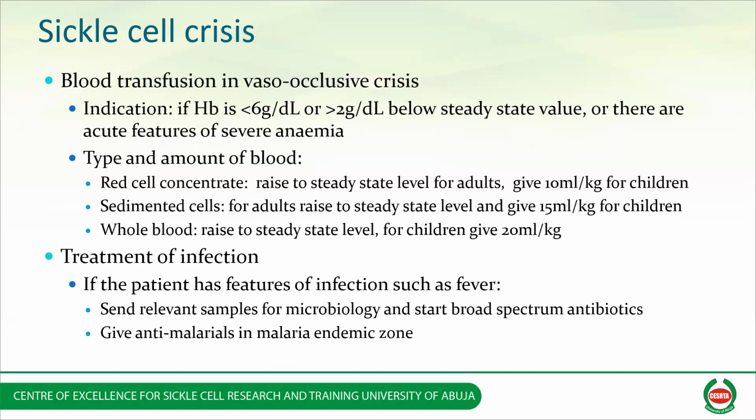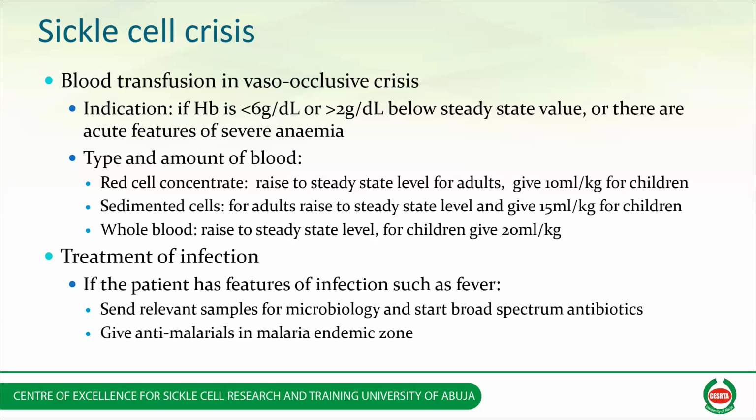Then there are instances where we may have to also give blood transfusion in vaso-occlusive crisis. And the indications are when the hemoglobin is less than 6 grams per deciliter or greater than 2 grams per deciliter below steady state value, or there are acute features of severe anemia. There is a cardiac compensation.